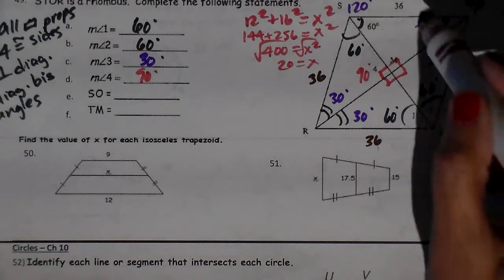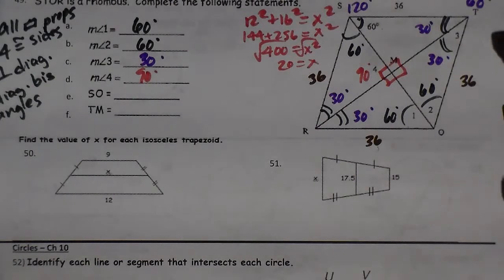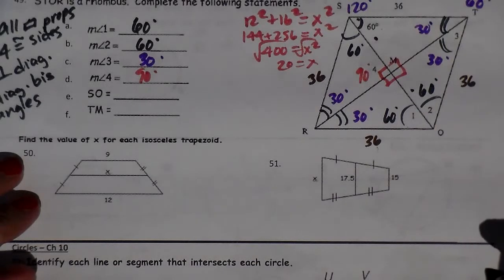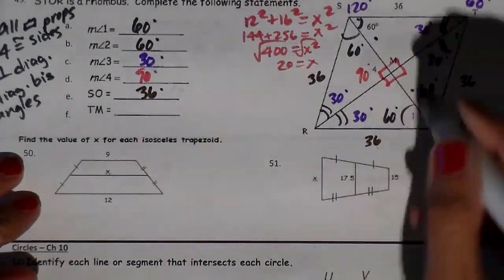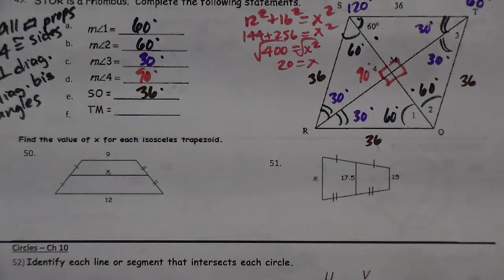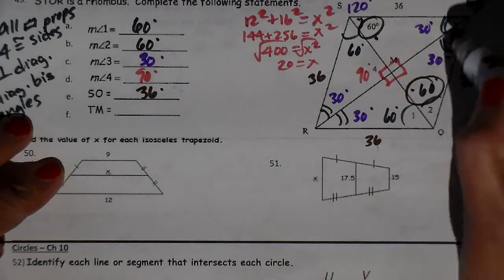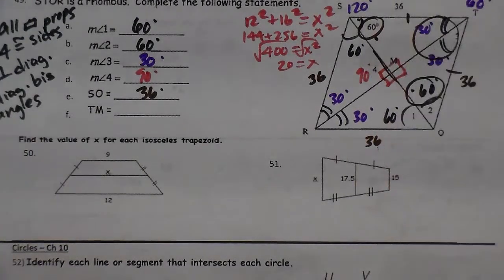Well, it's an isosceles triangle, 60 and 60, right? Well, 60, 60, and 60, it's actually equilateral, which means the diagonal is also 36. That creates an equilateral triangle in this particular rhombus. Do you see that? 60, 60, and 60. So that means these 3 guys are the same.